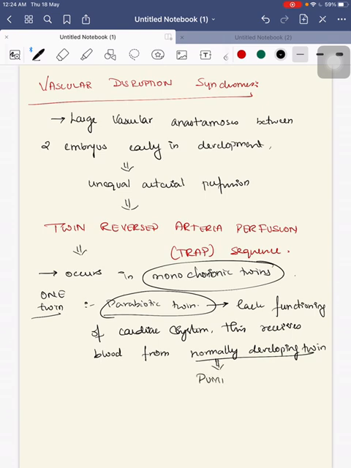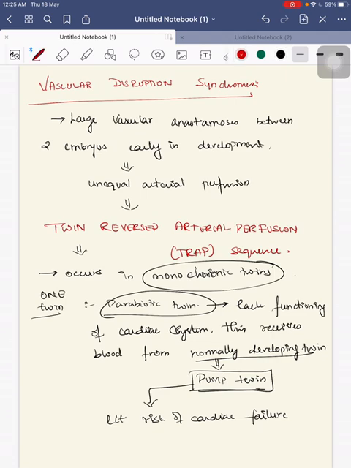Since one heart has to pump the blood for both the twins, this condition places an increased demand on the heart of the pump twin. This leads to the risk of cardiac failure in the normally developing twin. So this is called a twin reversed arterial perfusion sequence.